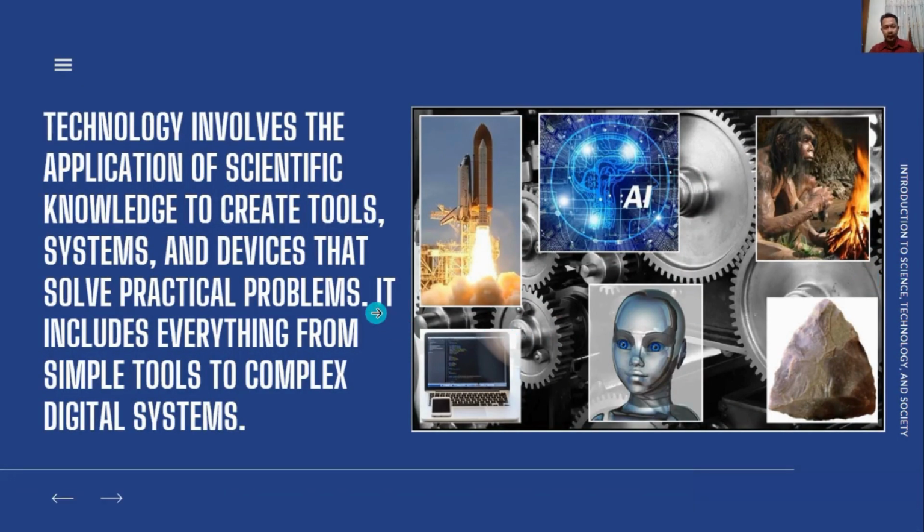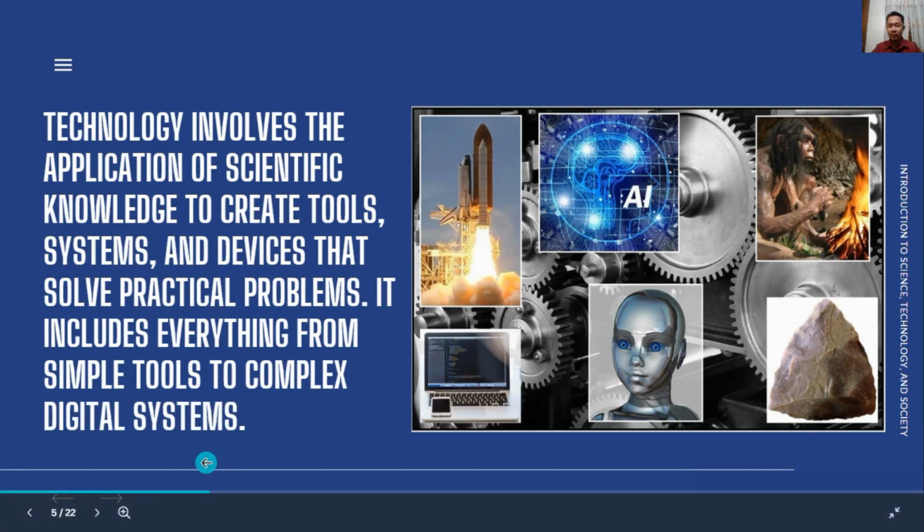Technology involves the application of scientific knowledge to create tools, systems, and devices that solve practical problems. It includes everything from simple tools from primitive times until we reach the complex digital systems present nowadays.